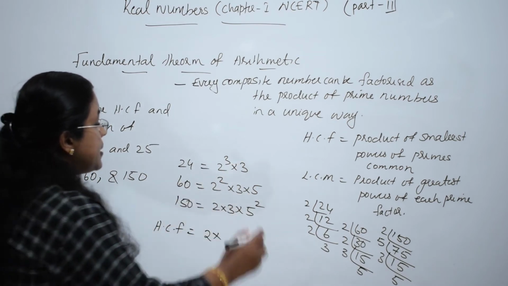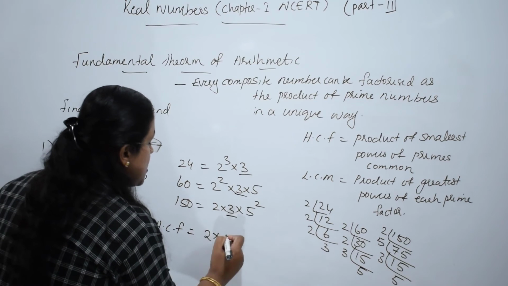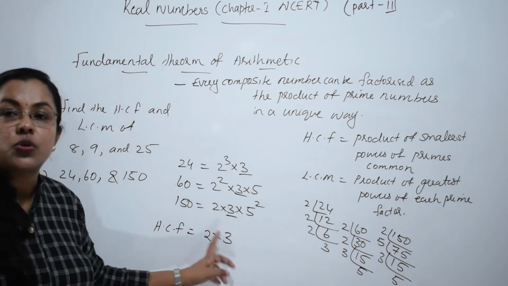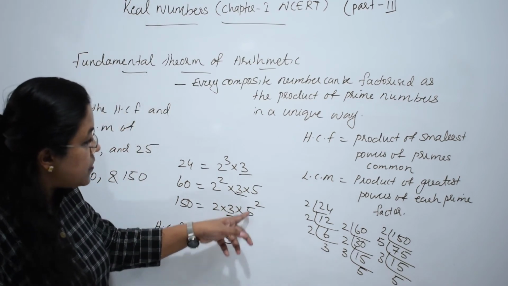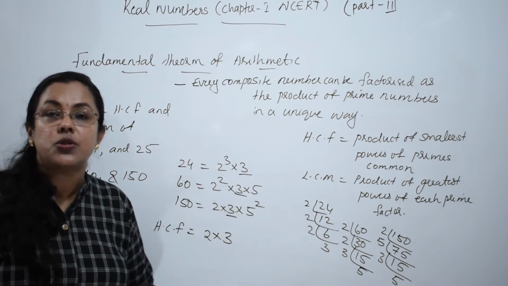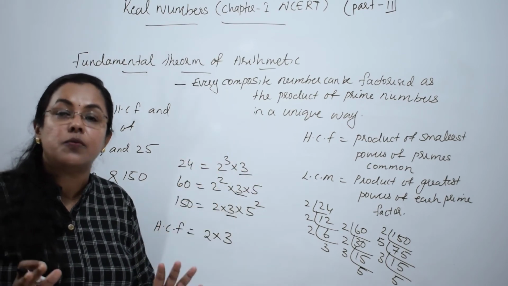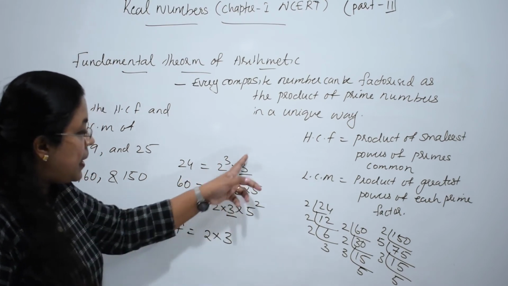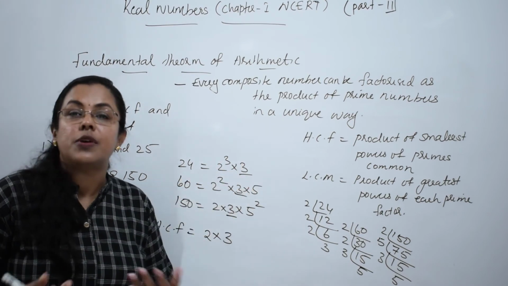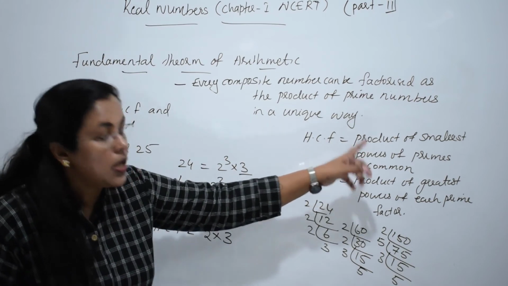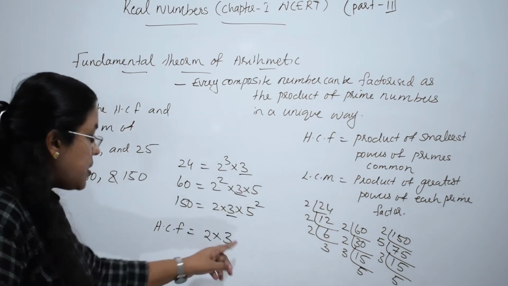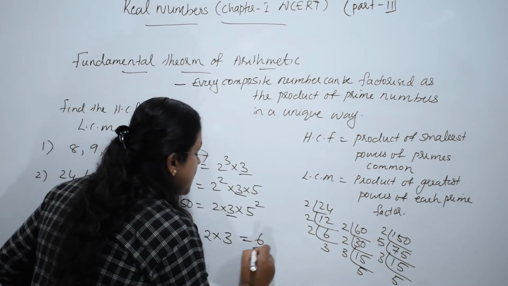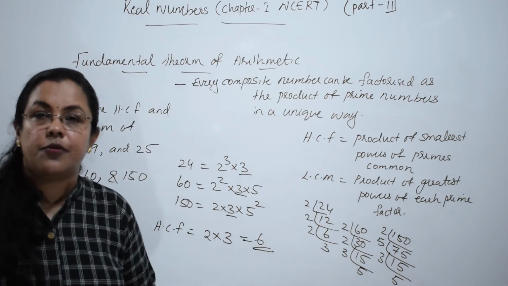What about 3? The smallest power is 3. So 2 into 3. Here 5 square, here 5, and in 24 it is 5 raised to 0, that is nothing but 1. So 5 is not common here. 2 is common and 3 is common. HCF is the product of smallest powers of primes. That means 2 into 3 is equal to 6 is the HCF.